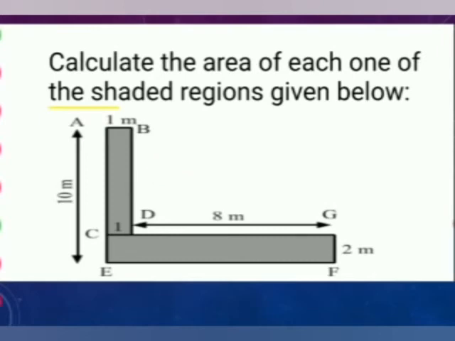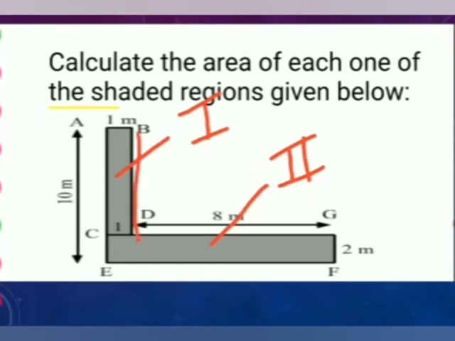Before doing the calculation, we need to take care of one more thing. We have to find out the dimensions of both the figures. We have split the figure in two parts, the first part and the second part. For ABCD, the length is given as 1 meter, but we do not know the breadth, so we have to calculate the length BD.